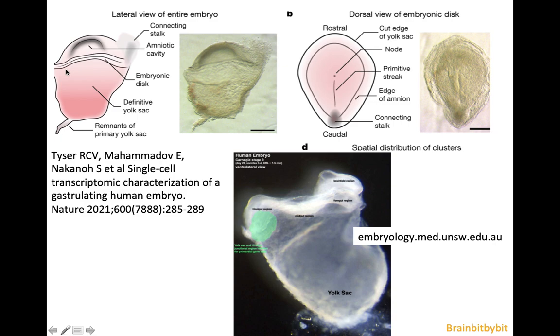So this is gastrulation, just after the blastocyst has implanted into the endometrium, but there's no placenta yet, and there are no blood vessels. And these cells are really important for the embryo, like my wedding pictures were for me.